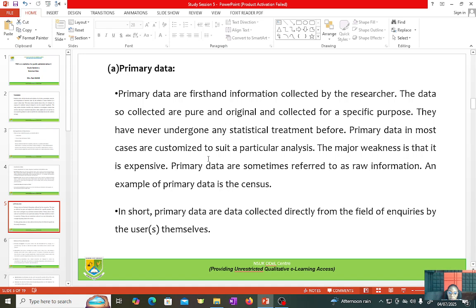That's an example of primary data. Collecting it directly from the source, for the purpose for which you want to use it for.